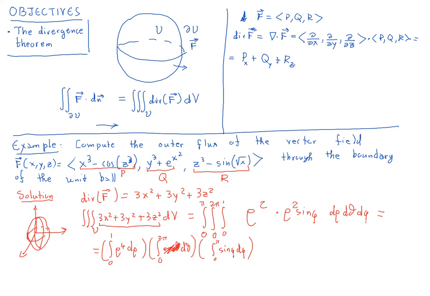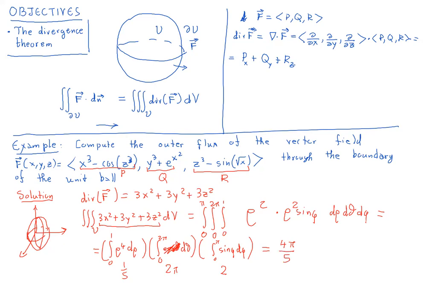On the first component, we find 1/5, since the antiderivative will be rho to the 5th over 5. On the second one, we find 2 pi. And on the last one, the antiderivative is negative cosine phi. I think we've seen plenty of times a computation of this type. It's going to give us a 2, making the whole integral 4 pi over 5.